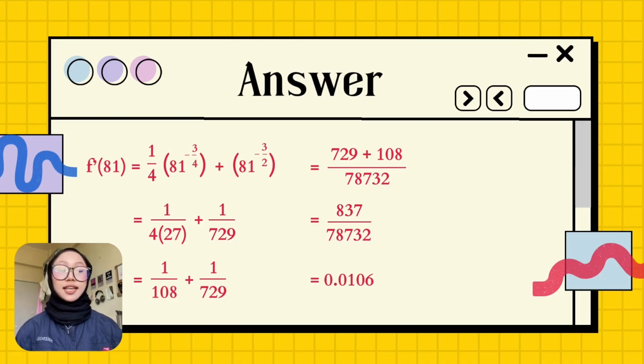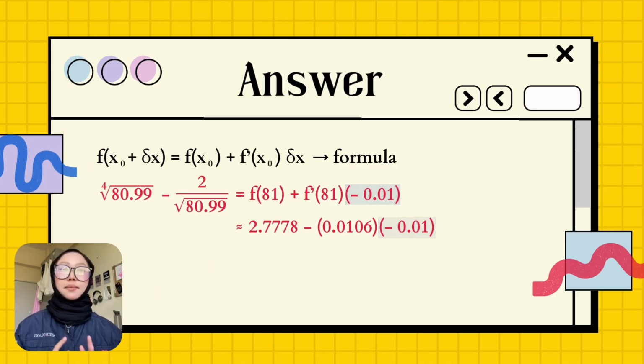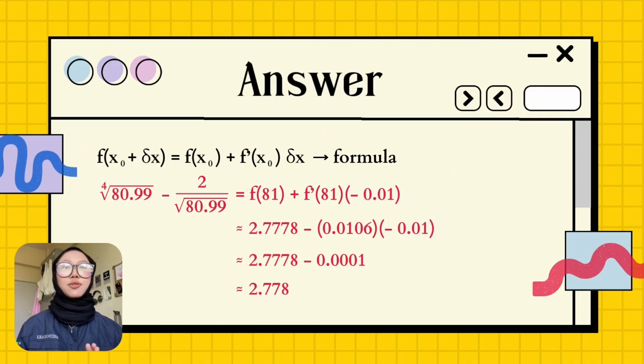As we calculate f prime(81), we will get the answer as 0.0106. And the last step is to substitute the value of delta x, which is negative 0.01, according to the formula. Then we should have solved the problem and found the final answer, which is 2.008.